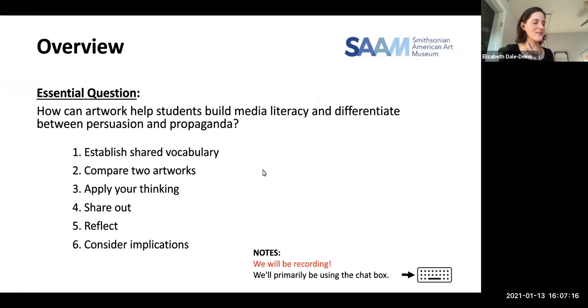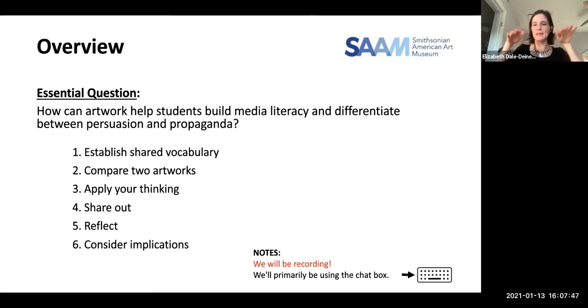Our aim together today is to explore ideas about how artworks in particular can help build media literacy, which we know is a valuable skill, but then also to differentiate between persuasion and propaganda. One of the big things that comes up over and over again in the 10 years that I've worked at SAM is that teachers are trying to find ways to give that exploration of the distinction between persuasion and propaganda over to their students.